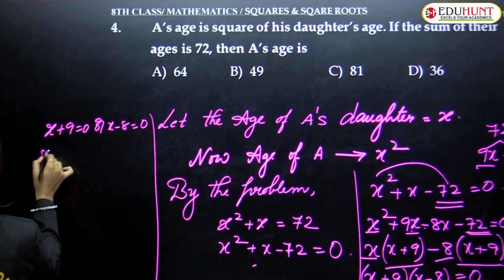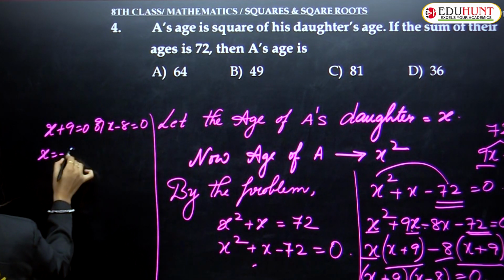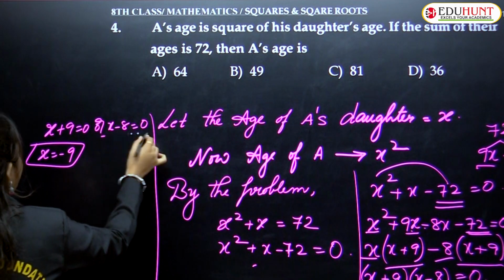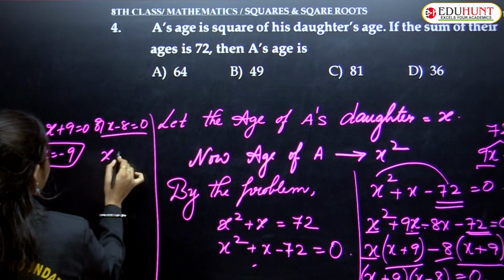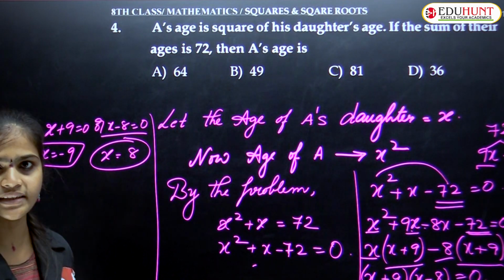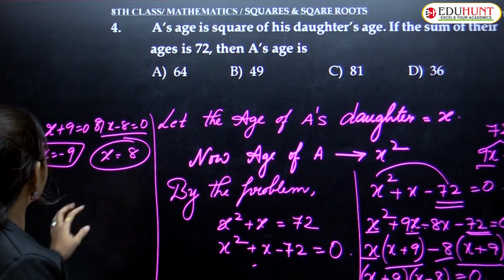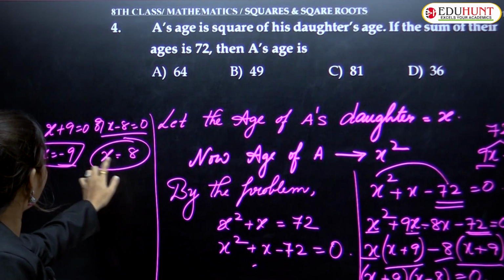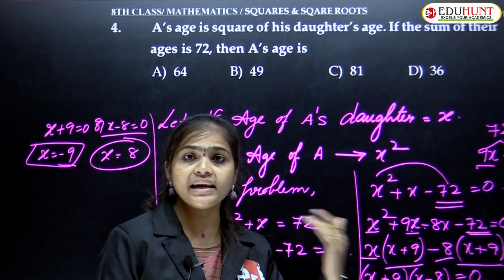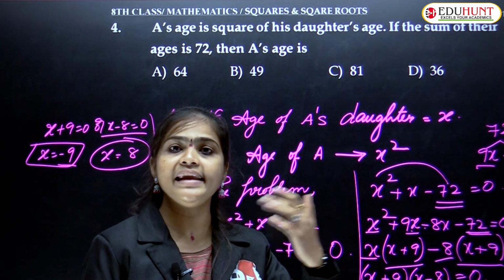From this, x is equal to minus 9, since plus 9 becomes minus 9. And from x minus 8, minus 8 becomes plus 8, so x is equal to 8. Am I clear to you, children? Here a negative value is there, and here a positive value. Is it possible to tell our age in negative form?